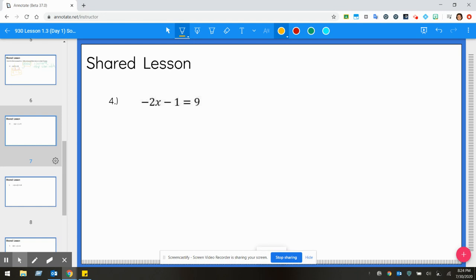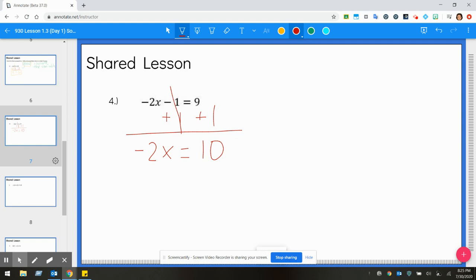My goal again here is to get x by itself. My first step is going to be to add 1 to both sides. I'm left with negative 2x, my 1's cancel out, equals 9 plus 1, 10. So I have negative 2x equals 10.